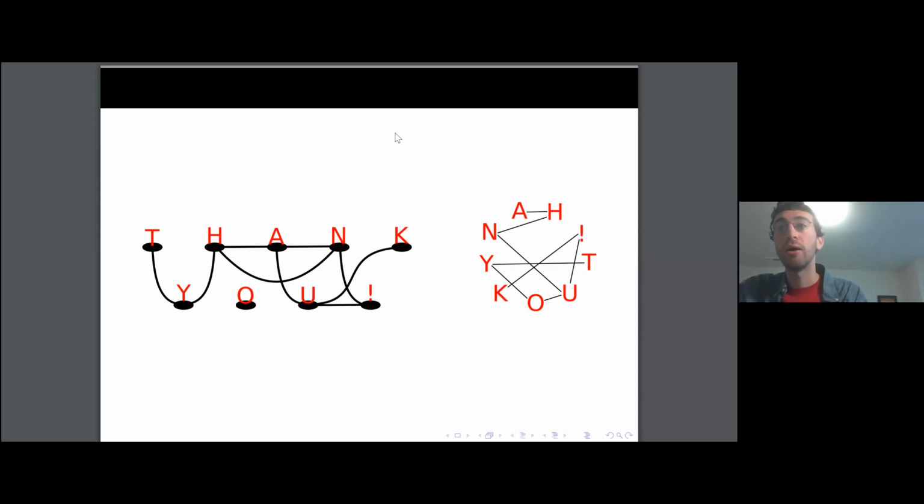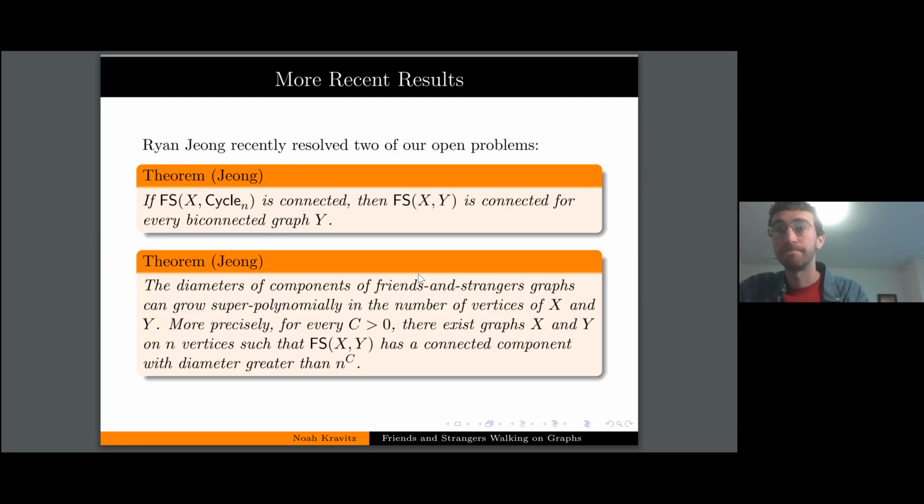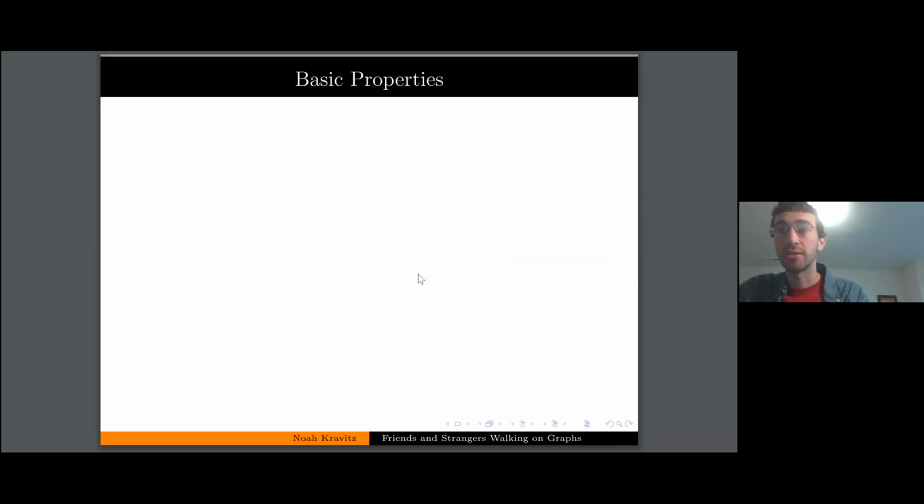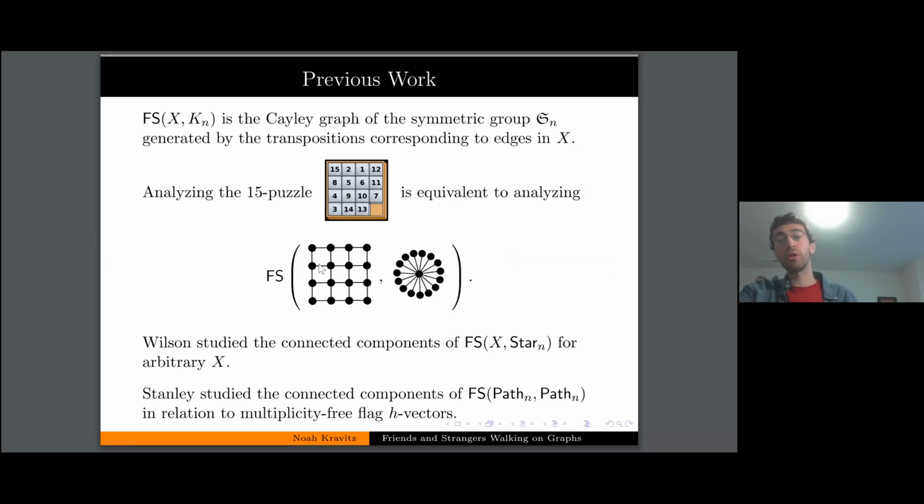Let me go way back to this slide. The answer is yes, I guess. We're looking at the friends and strangers graph of this grid graph with a star, and both of these graphs are bipartite. So you know there's going to be at least two connected components of the friends and strangers graph. This result of Wilson is actually even a little bit stronger than what I mentioned: it also shows that in cases like this, we have only two connected components.